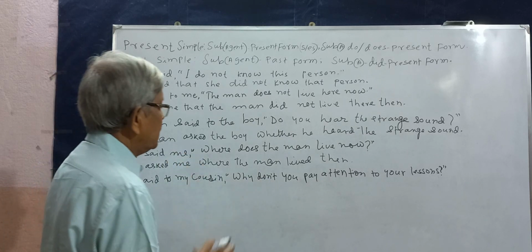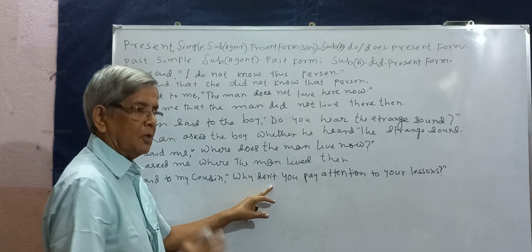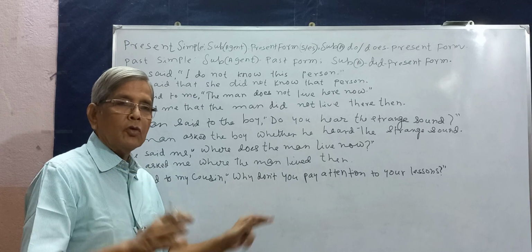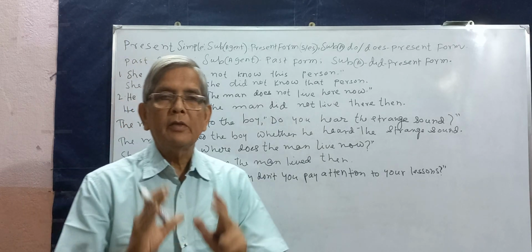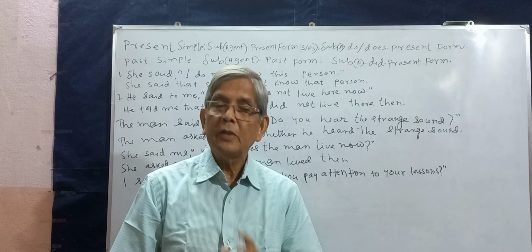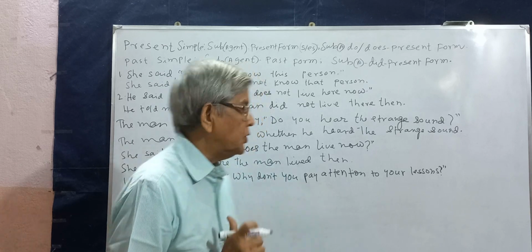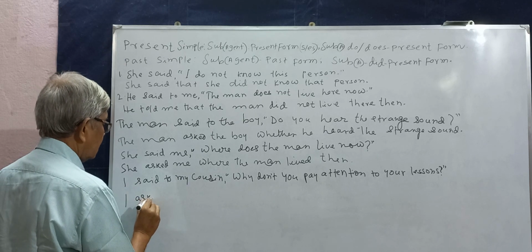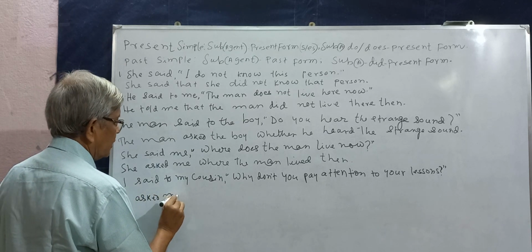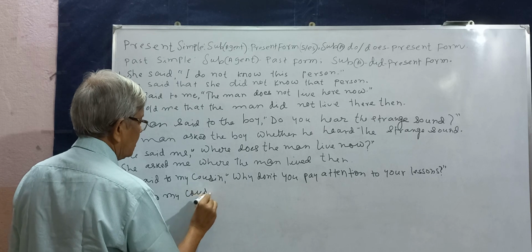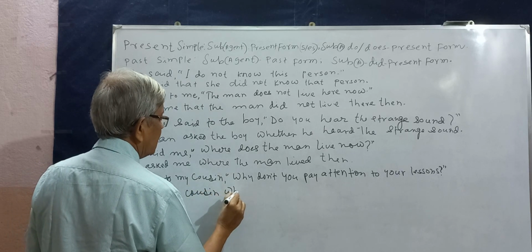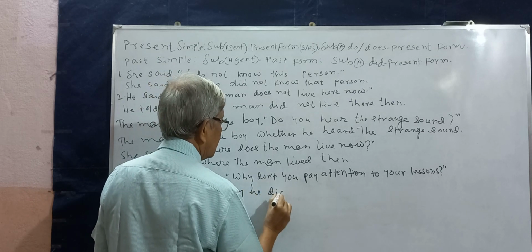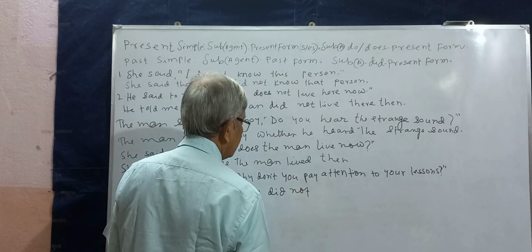Now, when we change speech, this clause must remain negative and it turns into declarative form. So, in a negative declarative form in the past simple tense active voice, we have to use did. I asked my cousin why he did not pay.